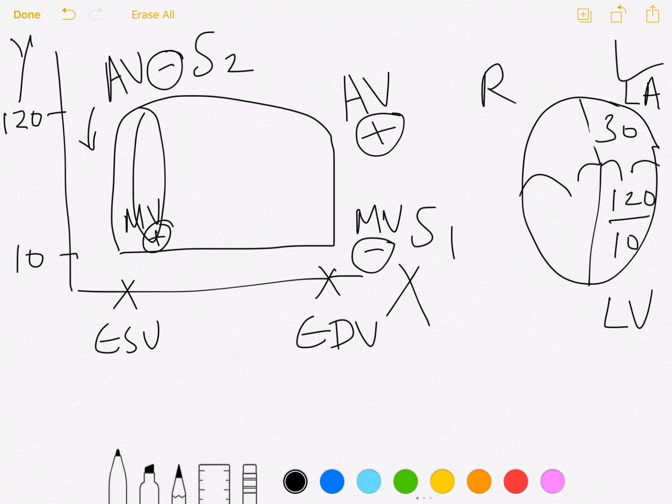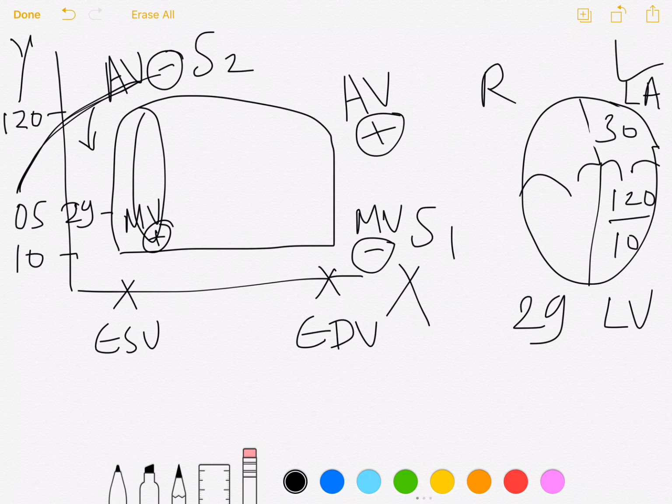Once the pressure drops slightly below 30, which is around 29, we will hear the opening snap. So in this diagram, 29 will be roughly here, so here we will hear the opening snap. We can see that there is a little bit of a space between S2 and the opening snap.